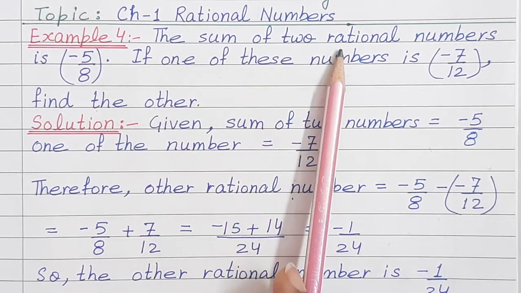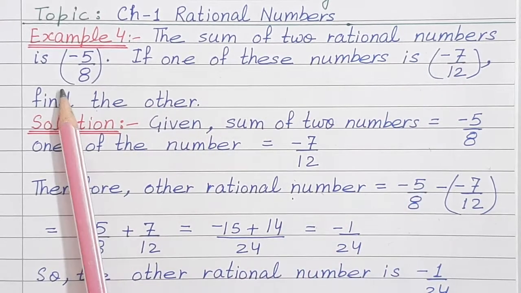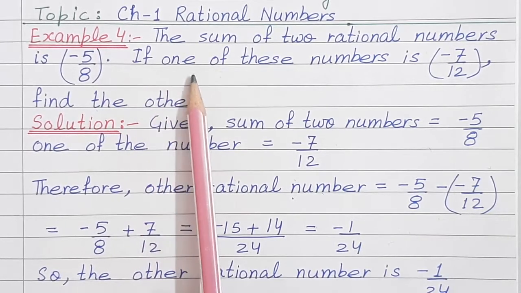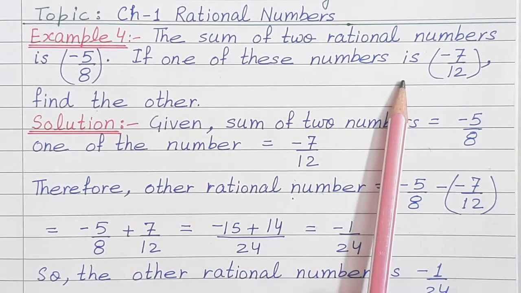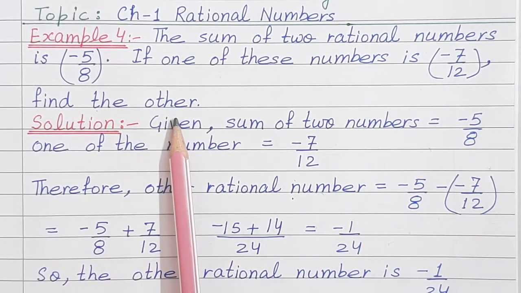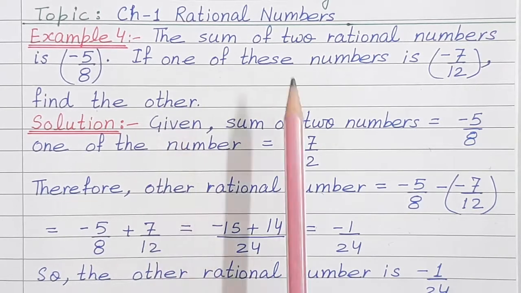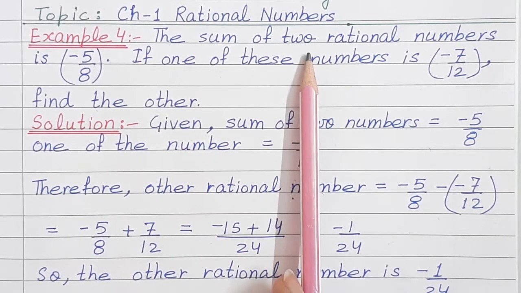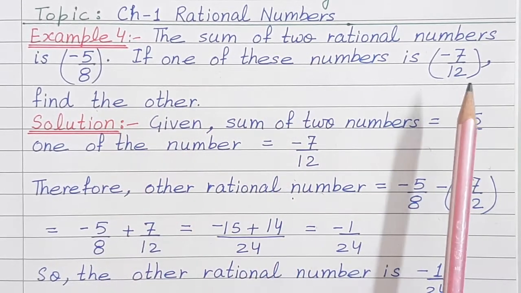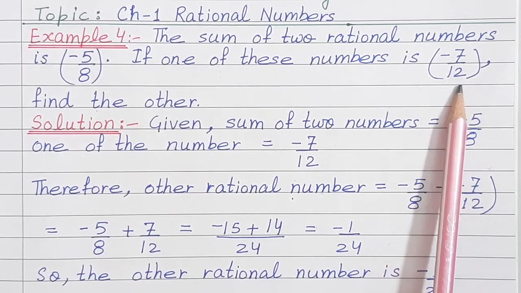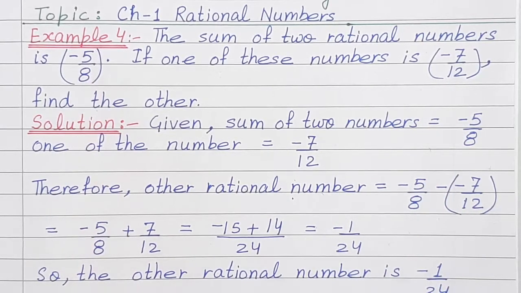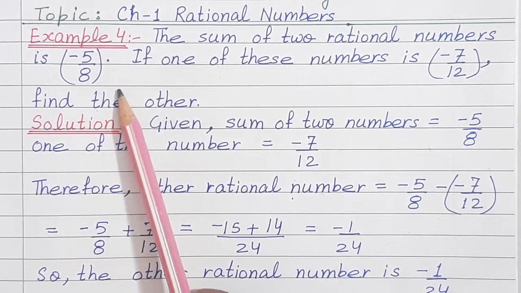The sum of two rational numbers is minus 5 upon 8. If one of these numbers is minus 7 upon 12, find the other number. Now students, here one number is missing. Minus 7 upon 12 is one of the numbers and the sum is minus 5 upon 8.